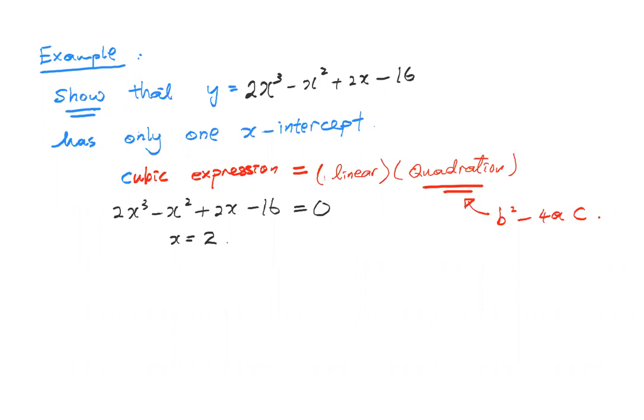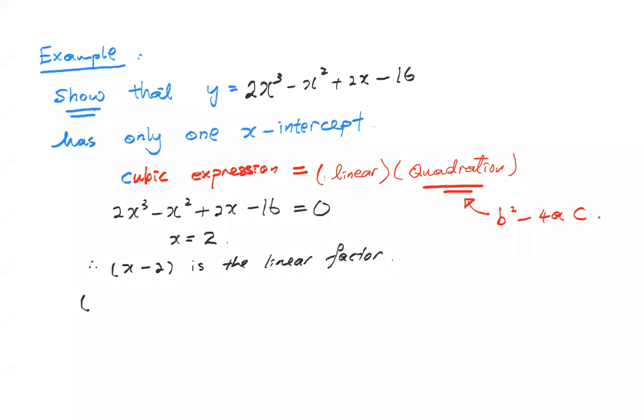Okay, so now, if x equal to 2 is one of the solutions, that means I can make a conclusion that x minus 2 is the linear factor. All right? Am I right?